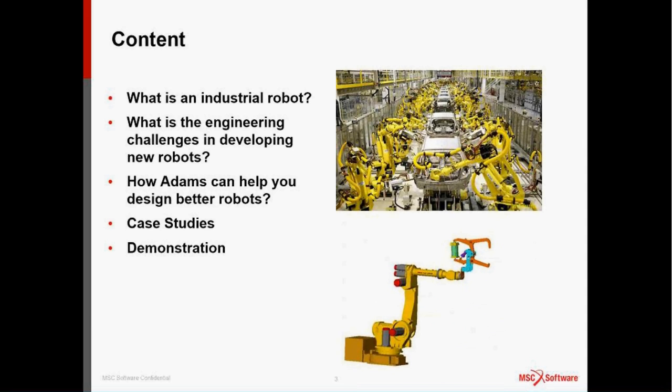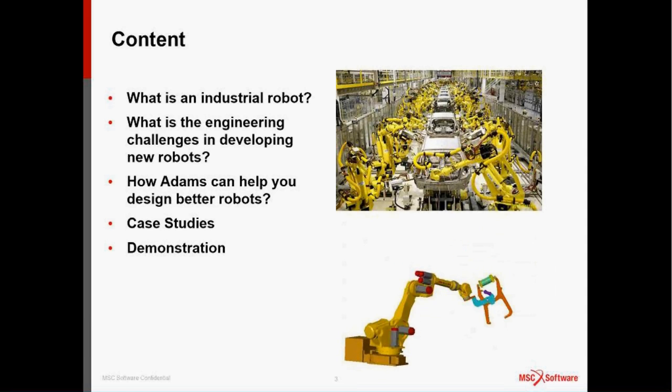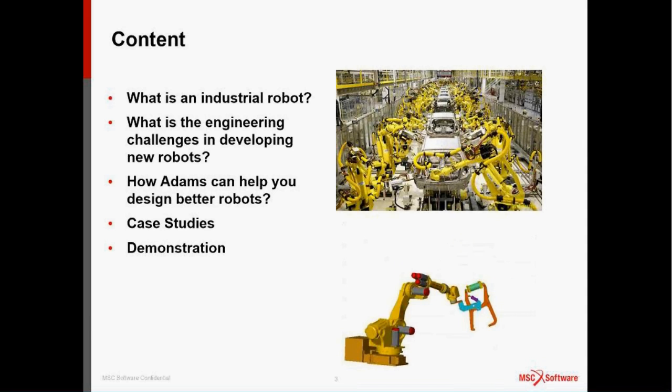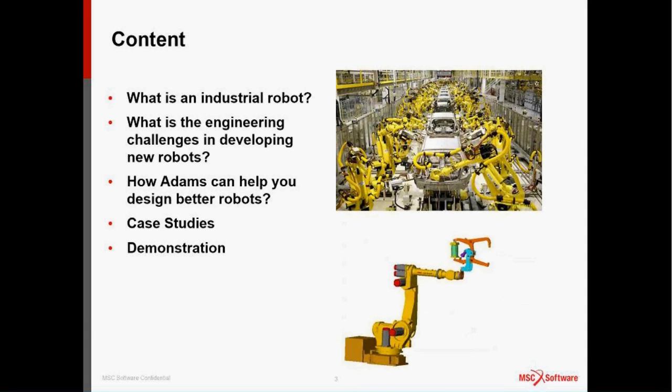We will have a few case studies following some general slides, and then we will have a demonstration of how you can analyze how the gear rattle effect is going to change the trajectory of your robotic arm.